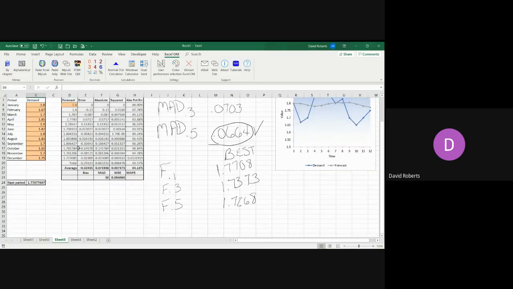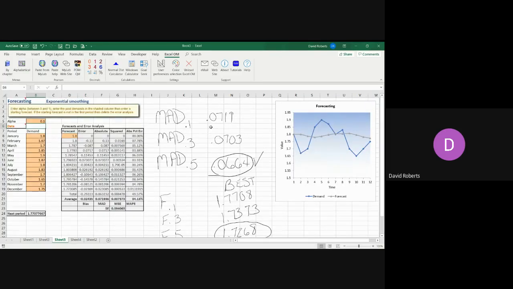you should use this forecast here. It has the least amount of error in it. That's the best model. I want to be out by 6.64 cents or 0.0664 rather than being out by 0.0719.